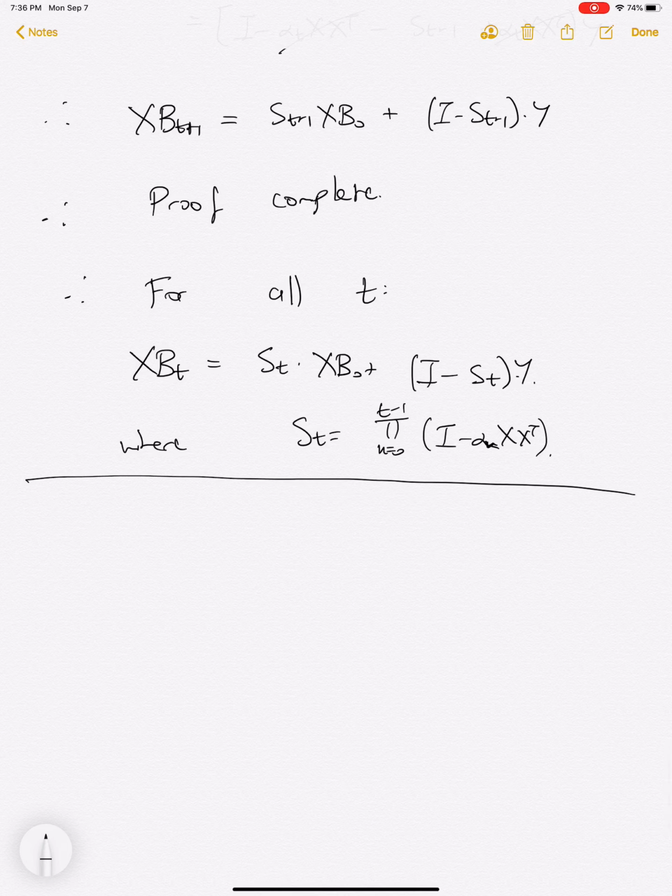So let's return. That was a lot of math to take in, but we're going to see what the point of that is, hopefully, when we return to our questions.